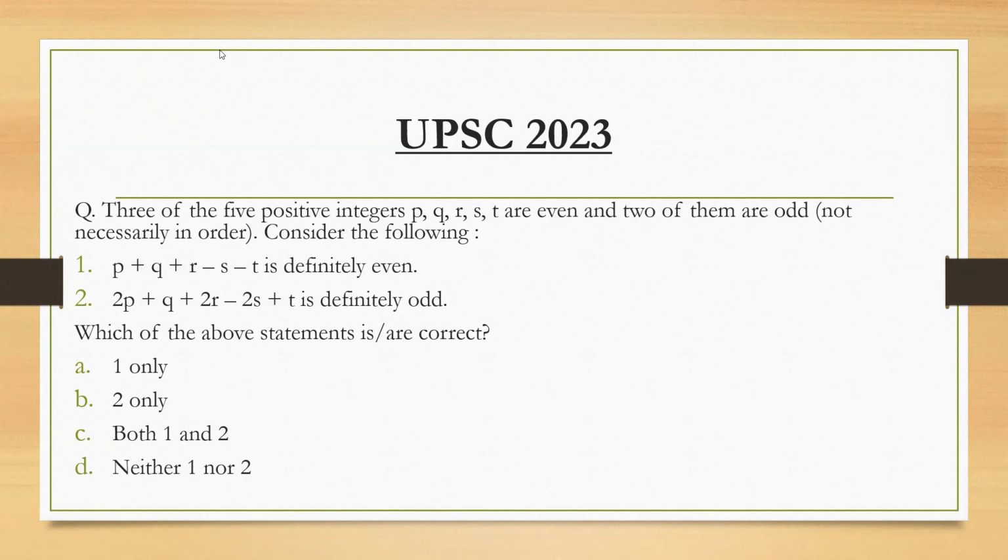But here it is just given that they are even or odd. So when we are just saying something is even, something is odd, that means all the numbers that are there in the number system. ठीक है, so हम हर केस को कंसिडर नहीं कर पाएंगे. So there should be a better way to solve this aspect.